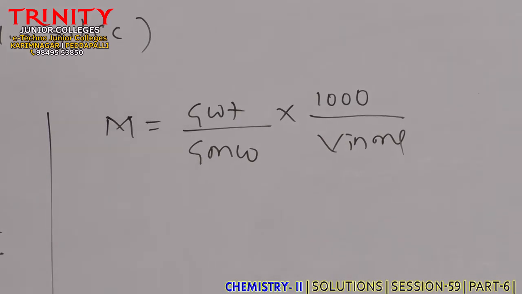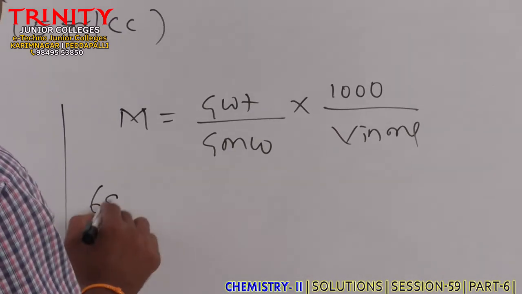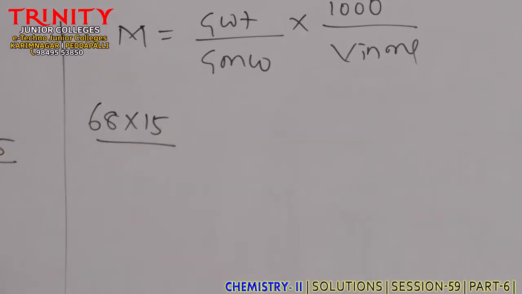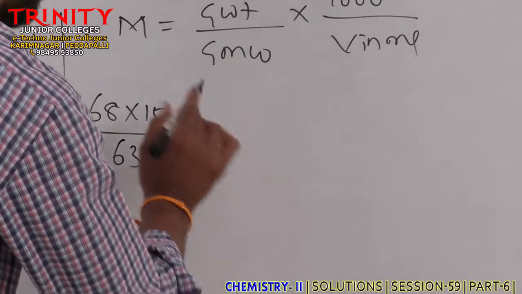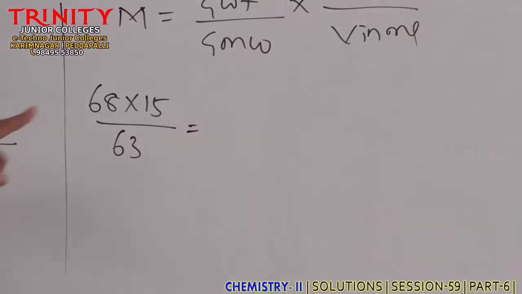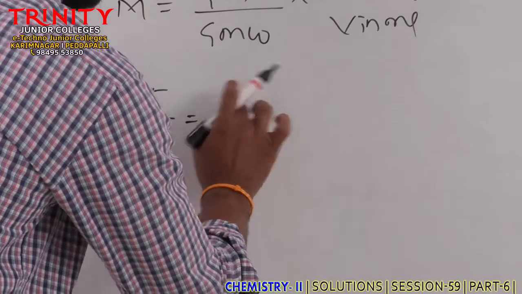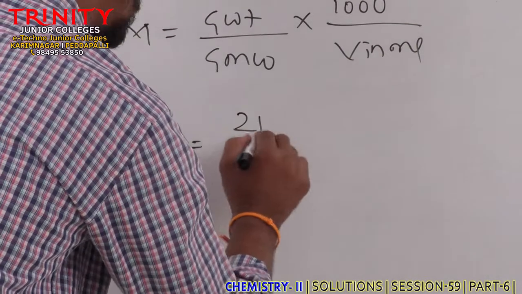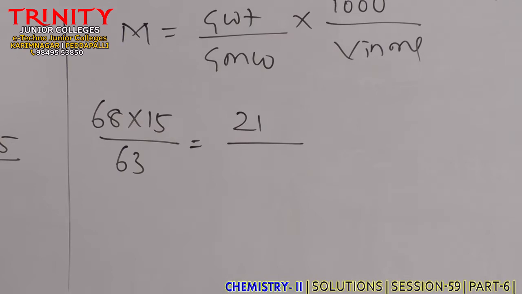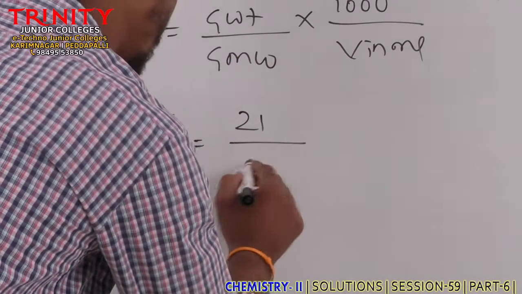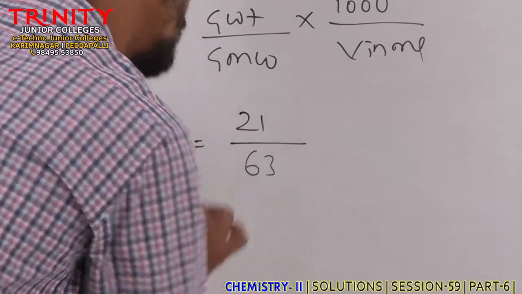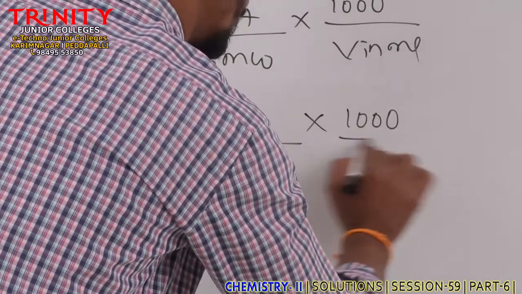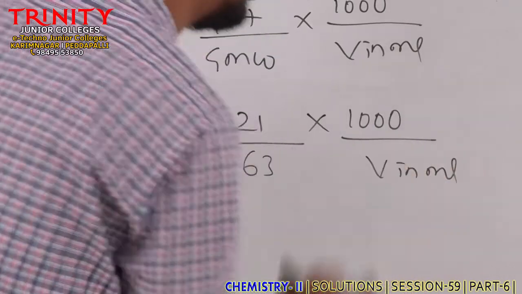Now we got the molarity, 68 into 15 by 63, equals gram weight of solute, 21 grams, by gram molecular weight of solute, 63 for HNO3, into 1000 by volume in milliliters.